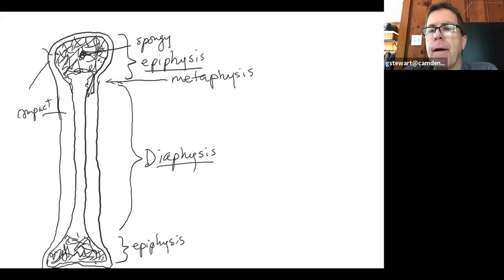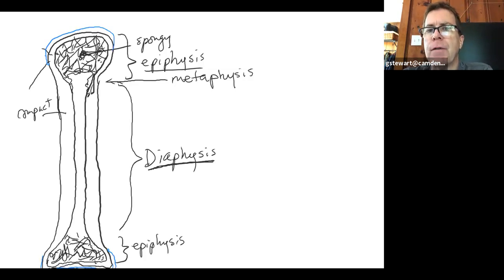And we know that in the diaphysis of a typical long bone, that's made up of all compact bone. The epiphyses are mostly spongy bone with a thin covering of compact bone. And just to remind you, there is hyaline cartilage, articular cartilage around the ends here, where they articulate with joints. We learned that in the cartilage unit.